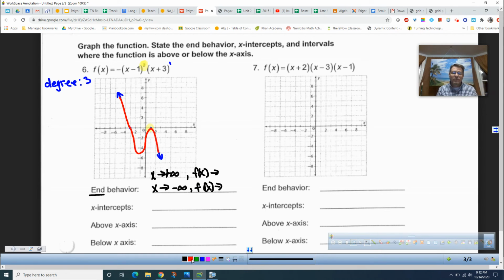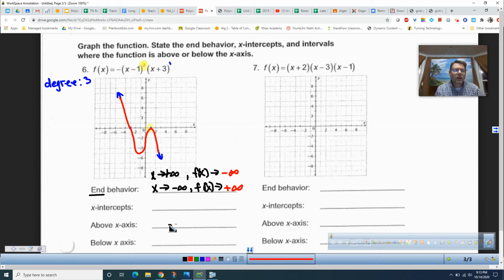It's going down, so I'm going to put negative infinity. And this means left, so that means that blue arrow up there. As I go to the left, my graph is going up, so the y is approaching positive infinity. That's how we do those. So that gets you set up.